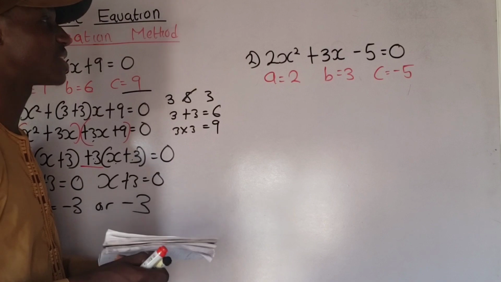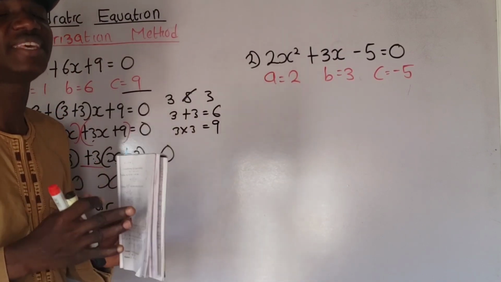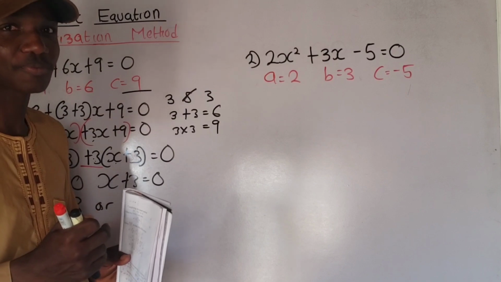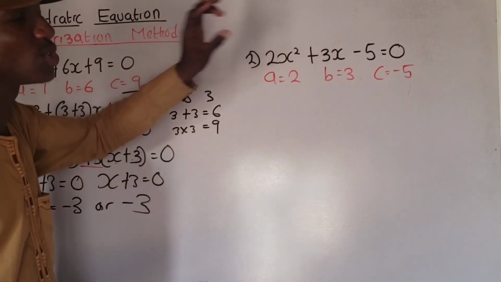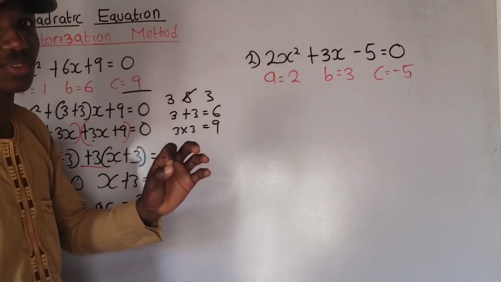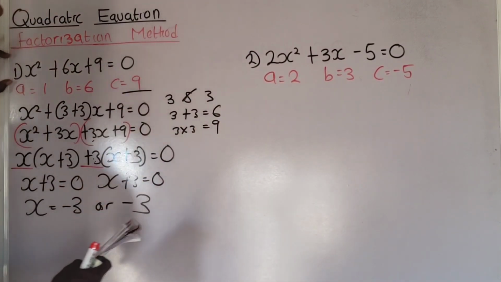The first step is that you have to take the product of the first term and the constant term. Listen to the explanation again. Because a is not unity in this quadratic equation, we cannot proceed like we did before.